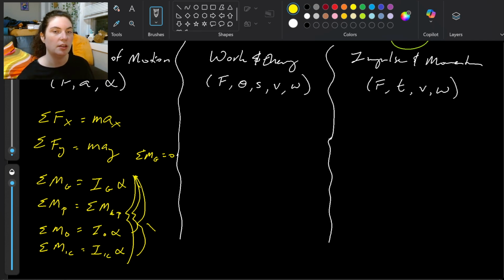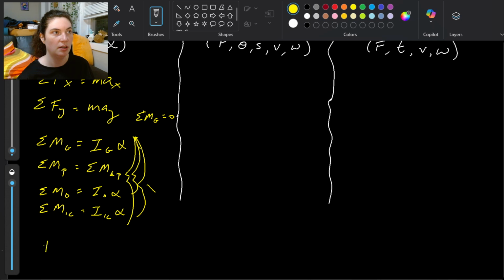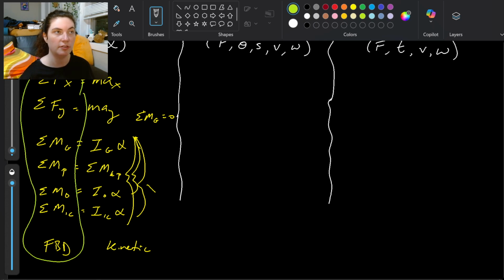All right, so understanding the motion of these problems, and most importantly, setting up a free body diagram and your kinetic diagram. Your free body diagram has all of the forces and the moments on it, and that's what gave us the left side of these equations. We would look at the free body diagram, and we could pull everything from it for those x forces, y forces, moments, straight off the diagram, and pop them into the equation.